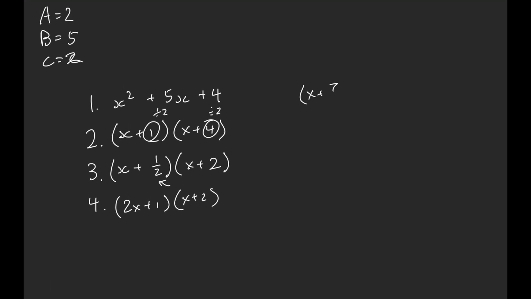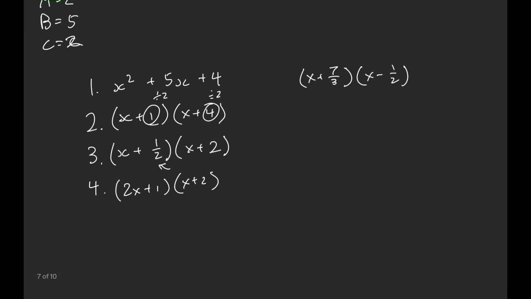If I had, let's say, an x plus 7 over 3 term and an x minus 1 over 2 term, what I would do is multiply this by 3 to get rid of the denominator, and multiply this by 2 to get rid of the denominator. So that would look like 3x plus 7 times 2x minus 1. So that is basically the process of doing it.